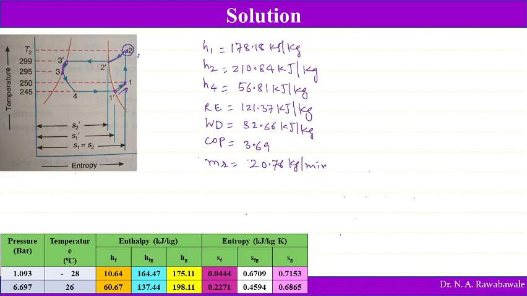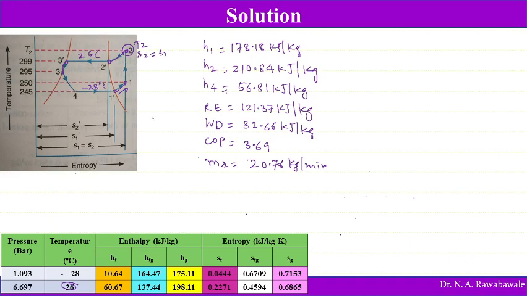We equate S2 to S1, find temperature T2, and once we find T2 we can find the enthalpy at point 2. The saturation temperature is 26 degrees Celsius at the condenser pressure and minus 28 at the evaporator pressure.